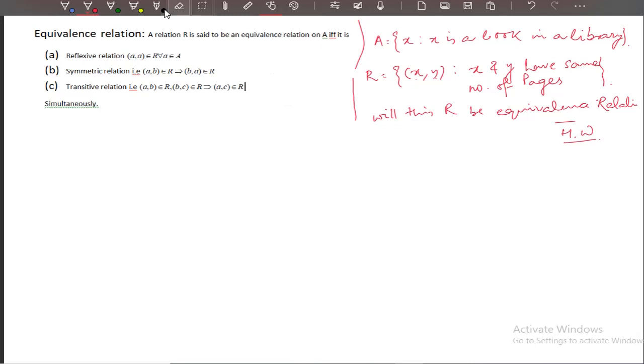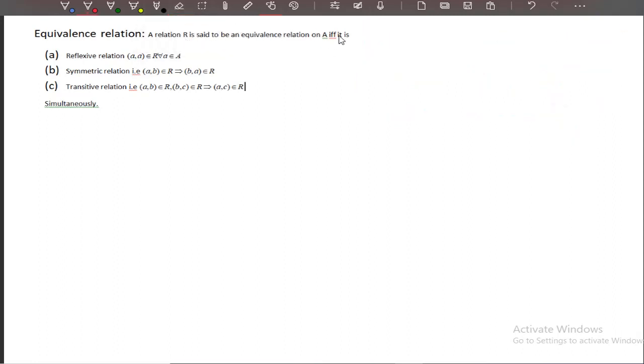Okay, we are taking one more example. Let A be the set of x, where x is a human being.